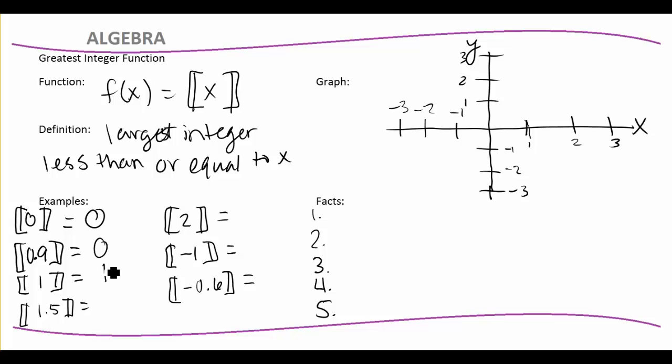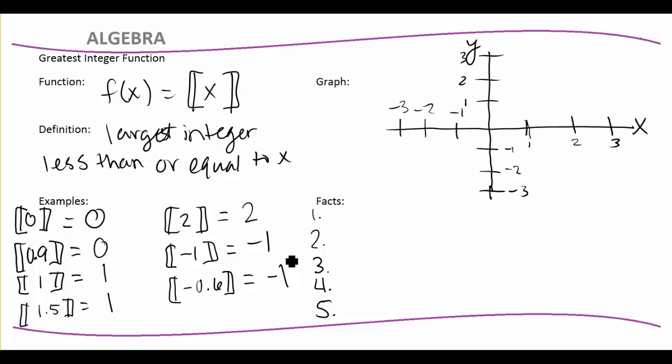If we plug in 1.5, it's going to round down, so it's going to be 1 again. And if we plug in 2, it's going to give us 2. If we plug in -1, it's going to give us -1. But how about negative 0.6? It's going to round down to the nearest integer, so that's going to be -1.